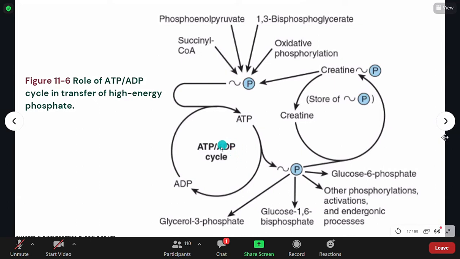And to regenerate that ADP, that phosphate from creatine is added to ADP to become ATP again. And these are your sources of high energy phosphate bonds, oxidative phosphorylations. Okay?